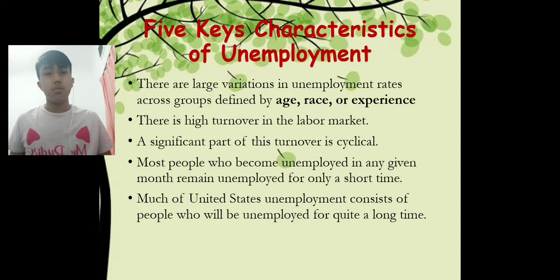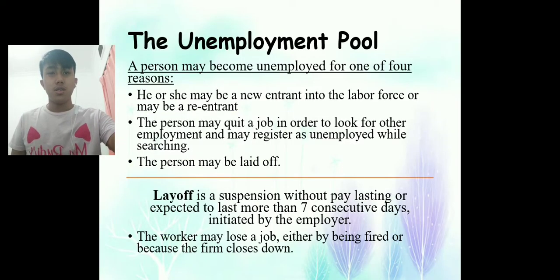A significant part of this turnover is cyclical. Most people who become unemployed in any given month remain unemployed for only a short time. And the last one, much of United States unemployment consists of people who will be unemployed for quite a long time.